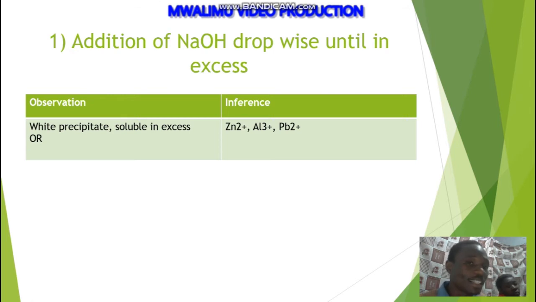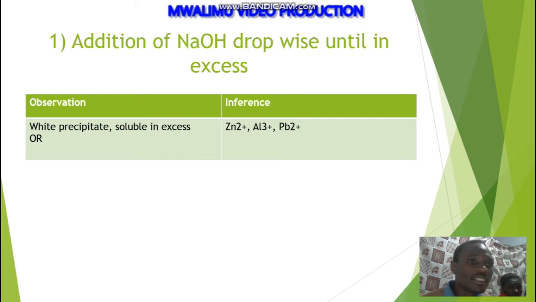Meaning the X or the B do not represent the actual symbols of the elements. So if you have been given sodium hydroxide, they will mention that, and then you will be given another solution for you to identify what it contains, okay?